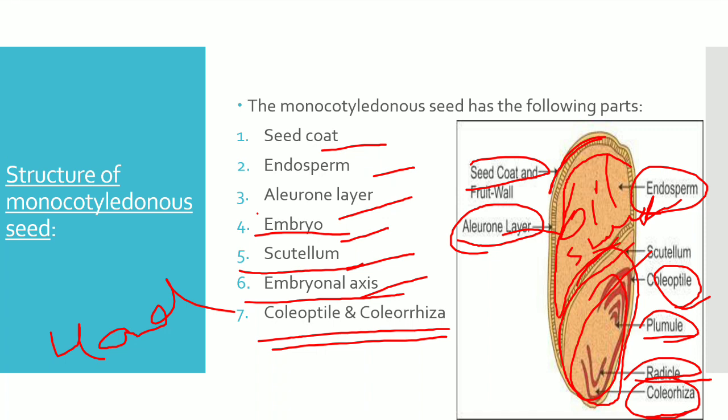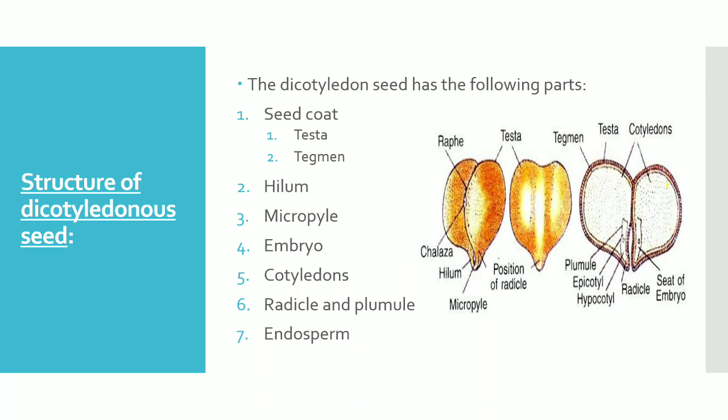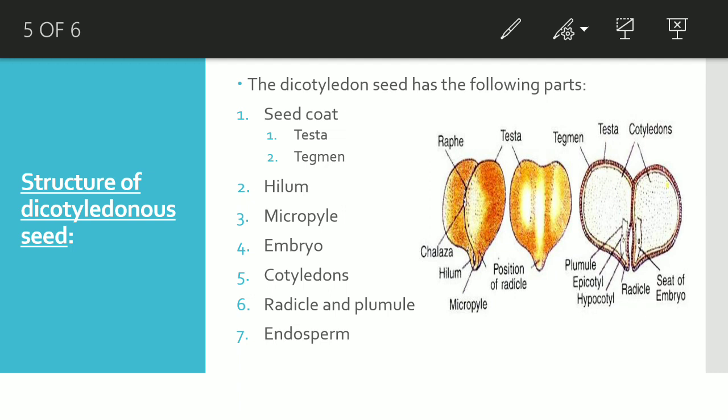Now, the structure of dicotyledonous seed. The dicotyledonous seed has the following parts. The first one is the seed coat. As we studied in the monocotyledonous seed, this is the outer covering of the seed.